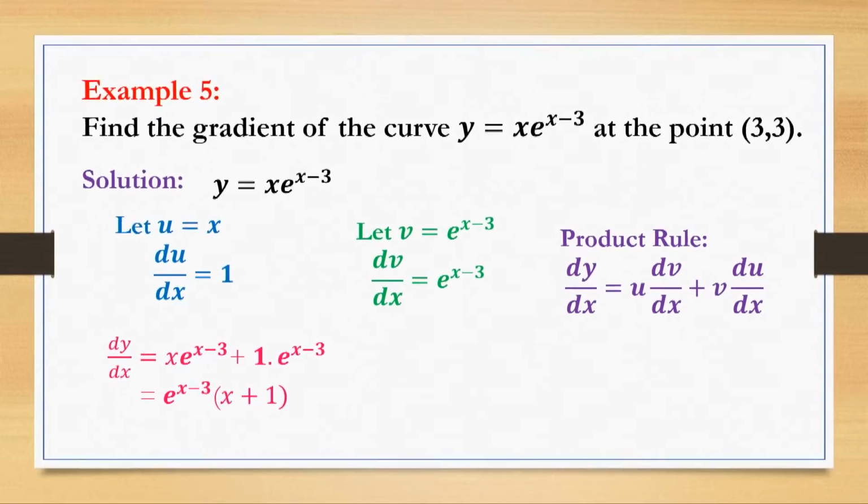So finally, dy by dx will be equal to e to the power of x minus 3 into x plus 1. I need to find the gradient at the point 3, 3. That is, I'm going to replace x by 3 in dy by dx. And this will give me 4. So the gradient is going to be 4 at the point 3, 3.